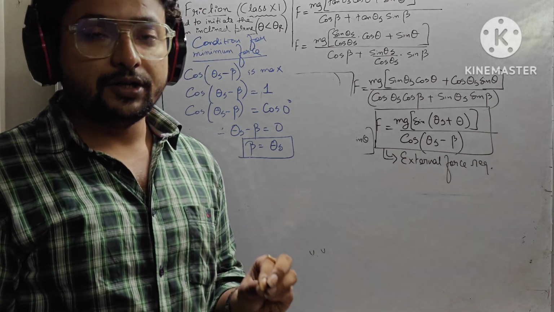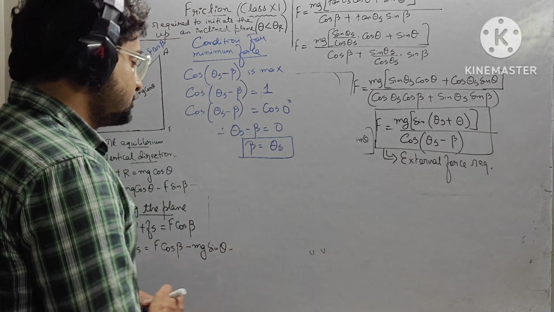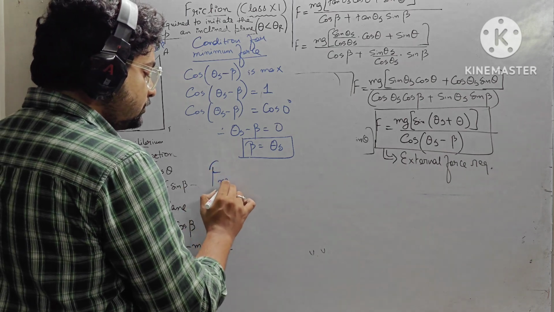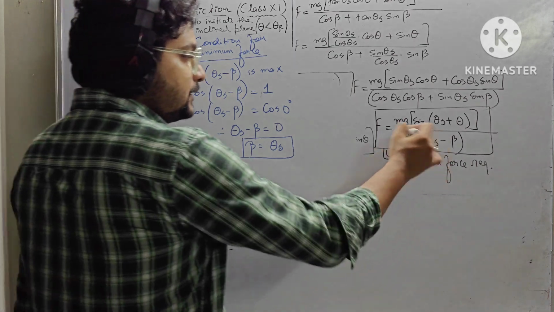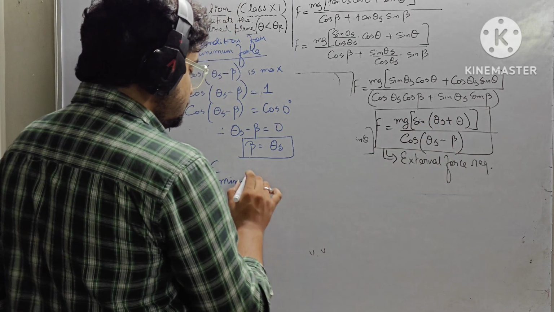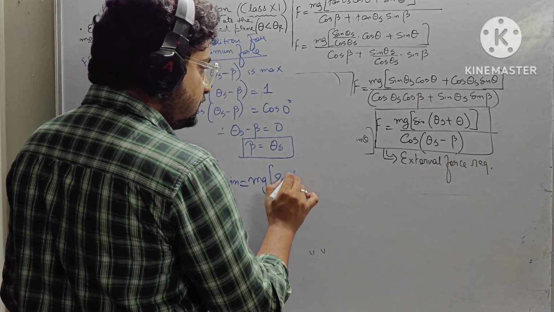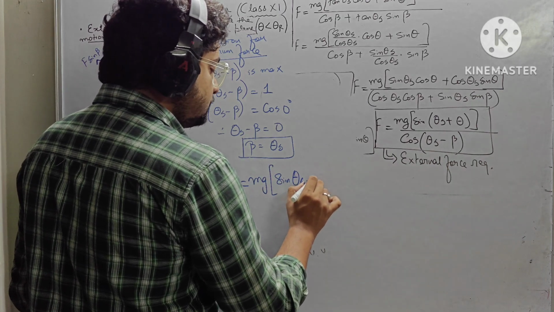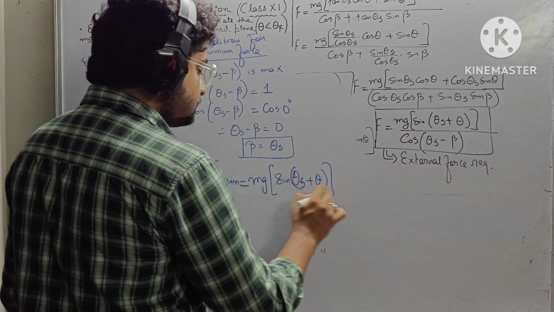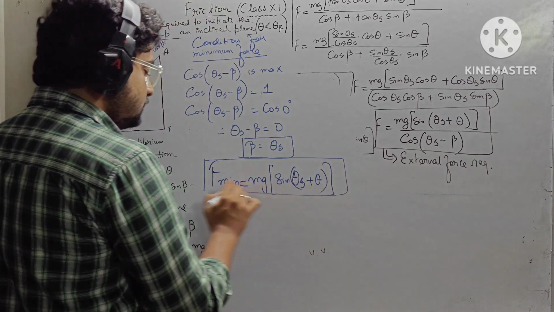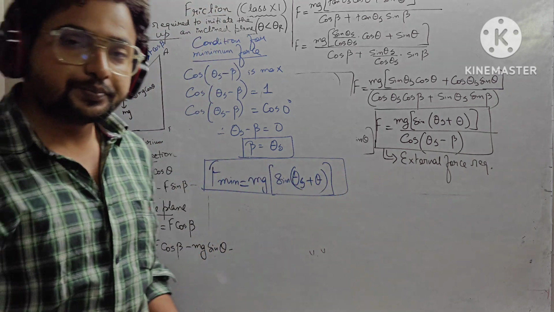Okay, I am going to require the least amount of force. And what will be that minimum force? This denominator is going to be 1, so I am going to be left with mg sin theta s plus theta. This is going to be the minimum force.